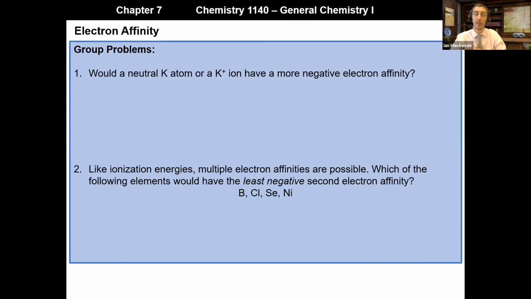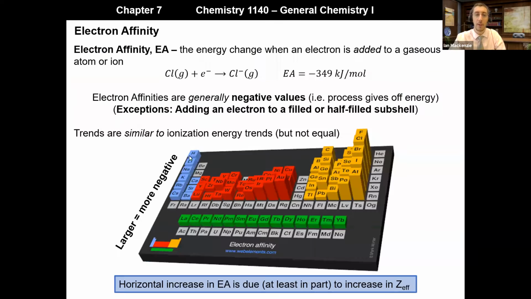Selenium, it's in the oxygen column, so it has 6 valence electrons. And nickel is over in the metals. And if we look really quickly just where it appears, nickel is here. And so of its d electrons, it has 8 d electrons.